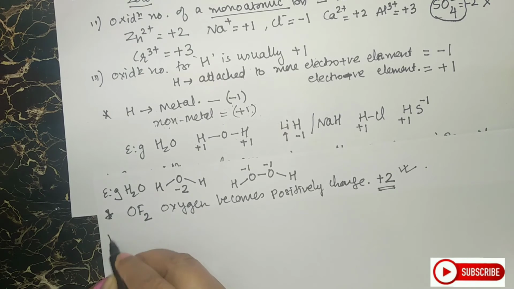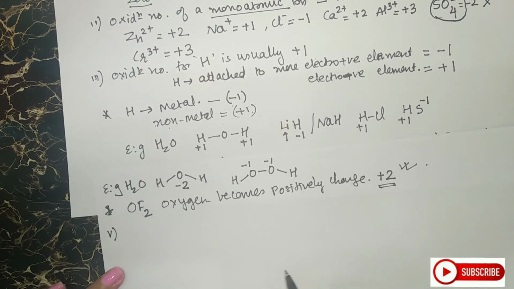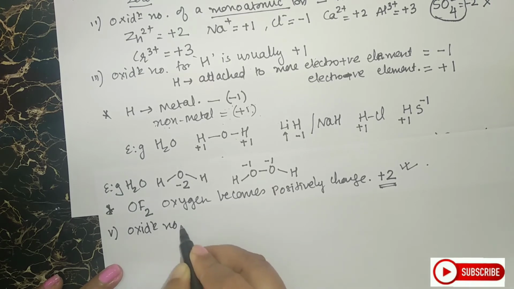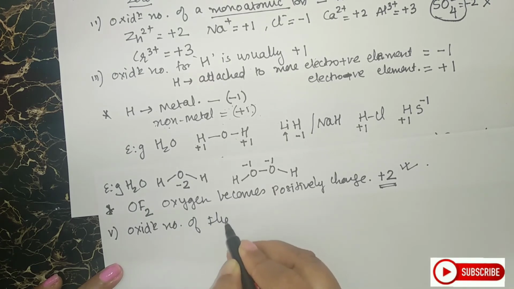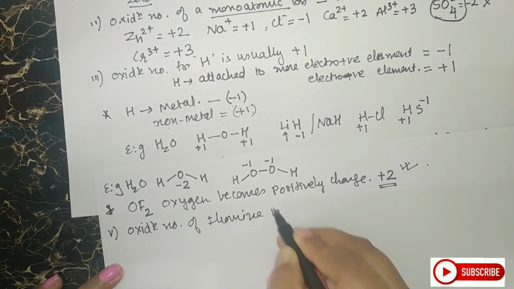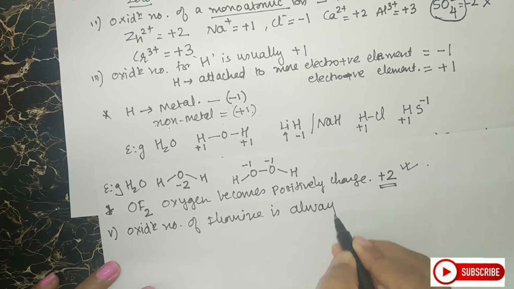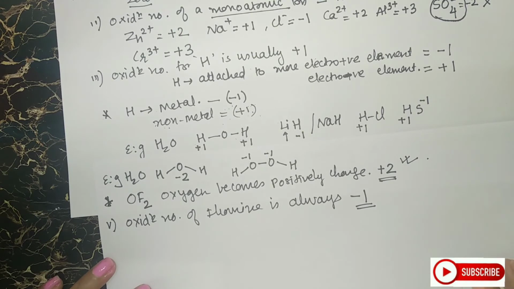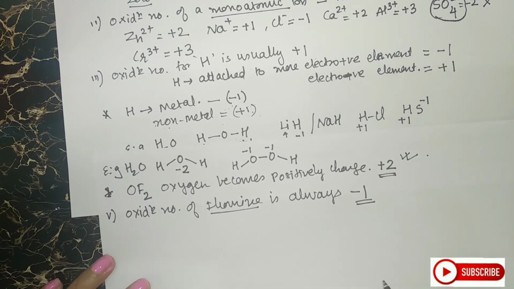Next rule for assigning oxidation number is that the oxidation number of fluorine is always -1. Whatever is the molecule, whatever is the compound, in all the compounds, the oxidation state of fluorine will always be -1.